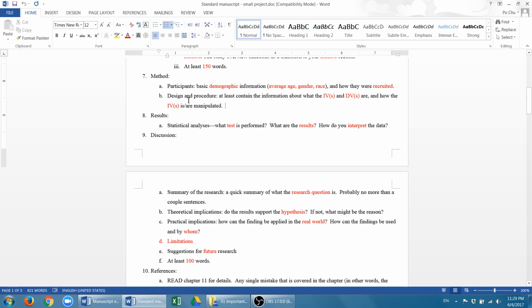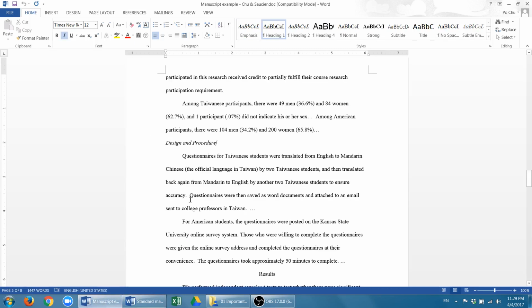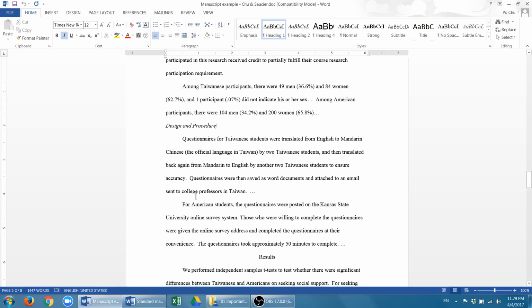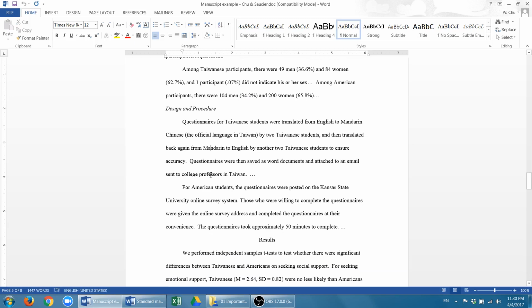You can see this section doesn't have to be long, unless you have a long way of manipulating the IV. But for face-to-face students, I don't think it has to be really long. In my case, it's just a questionnaire, so I just describe how the questionnaire is distributed and how to recruit the students.